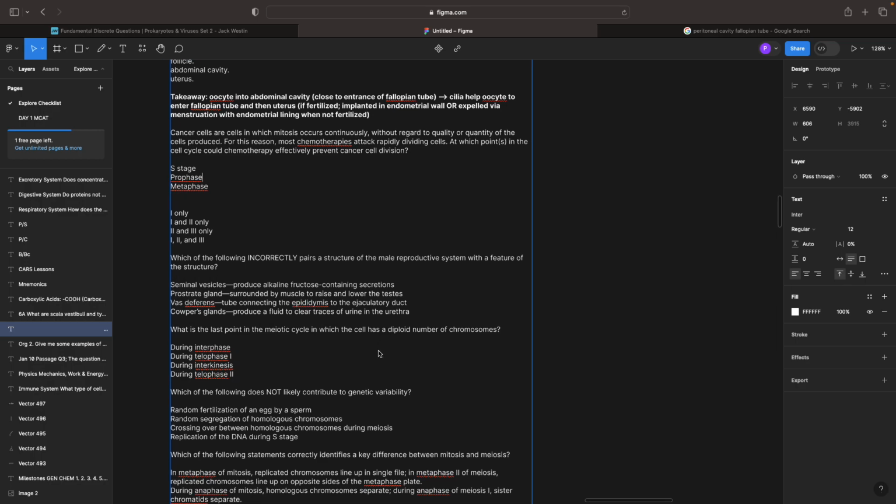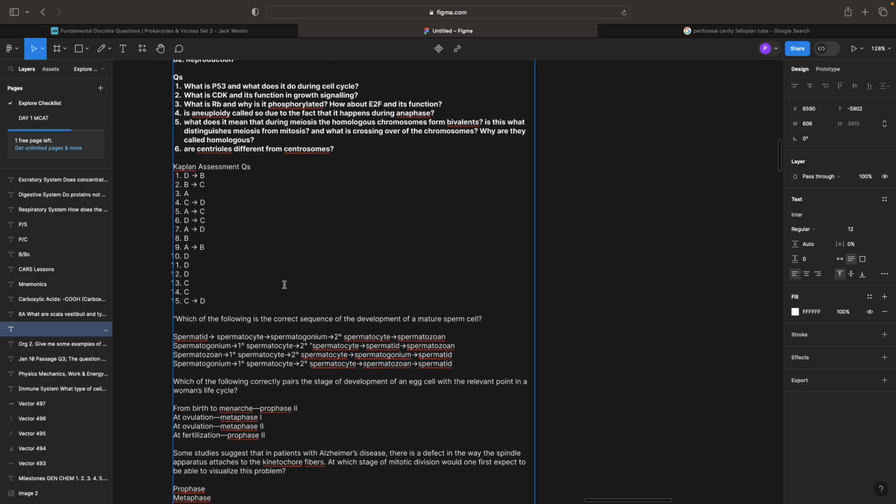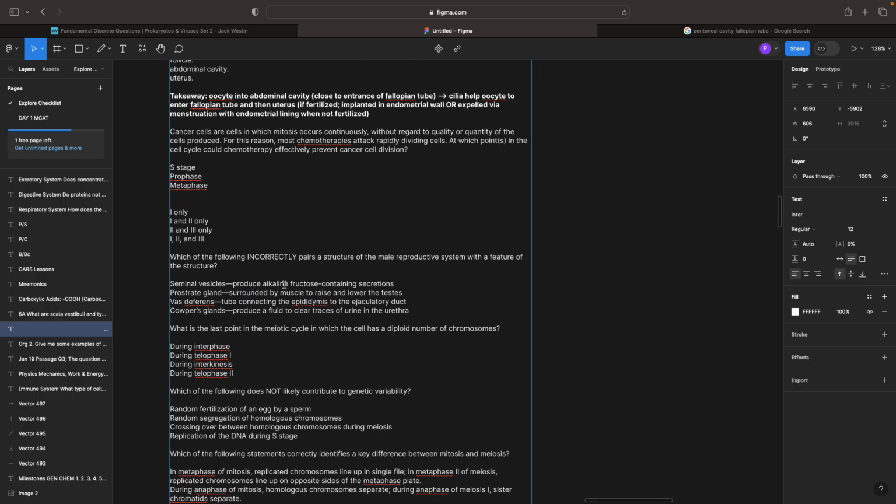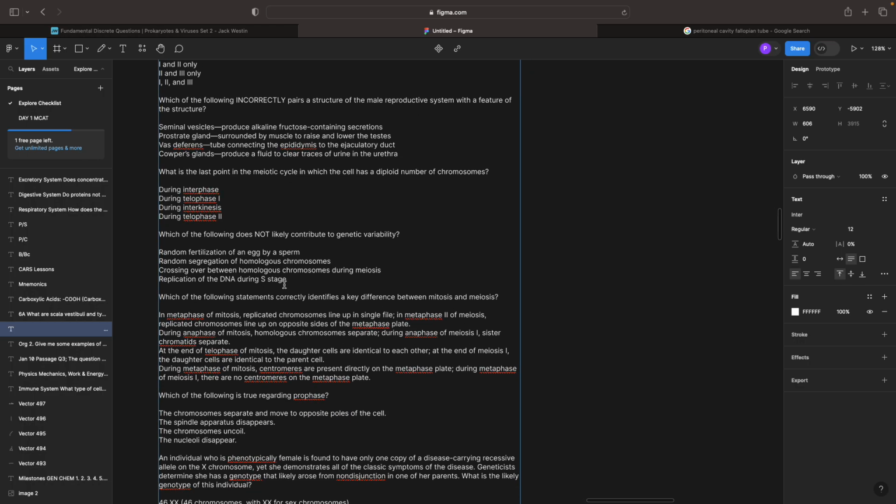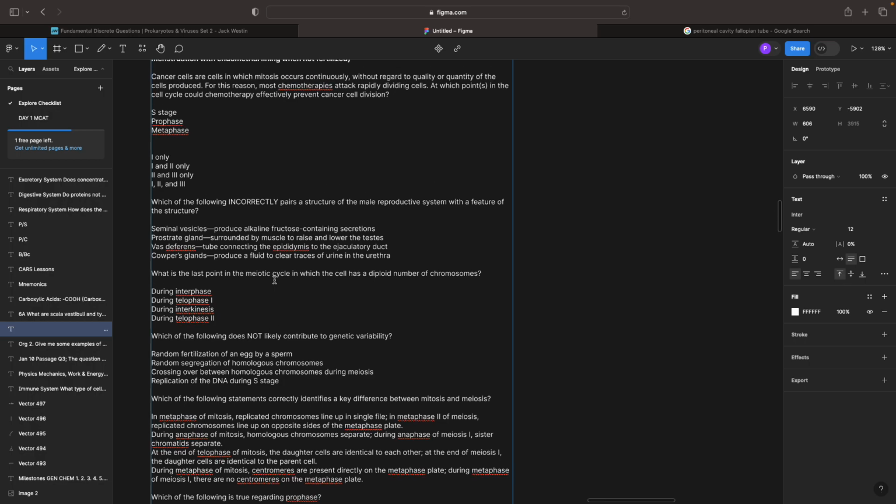Which of the following incorrectly pairs the structure of male? Yeah, so for 8, I chose B. I was correct. So, prostate gland surrounded by muscle to raise and lower the testes. That is the job of the detrusor muscle, right?